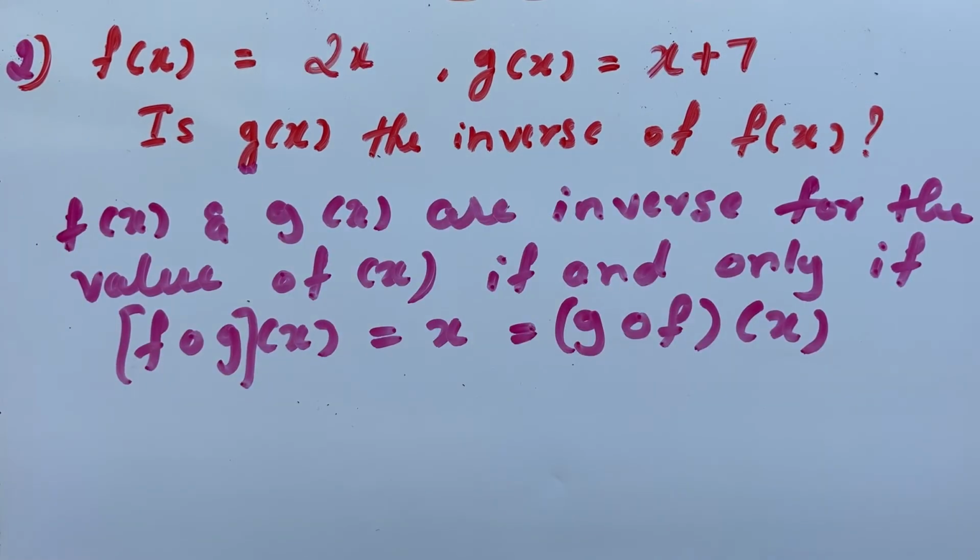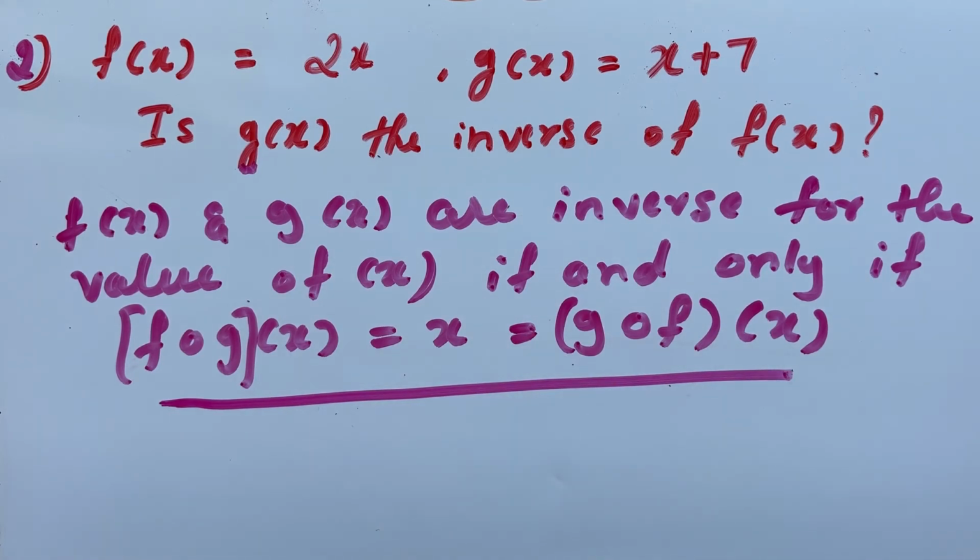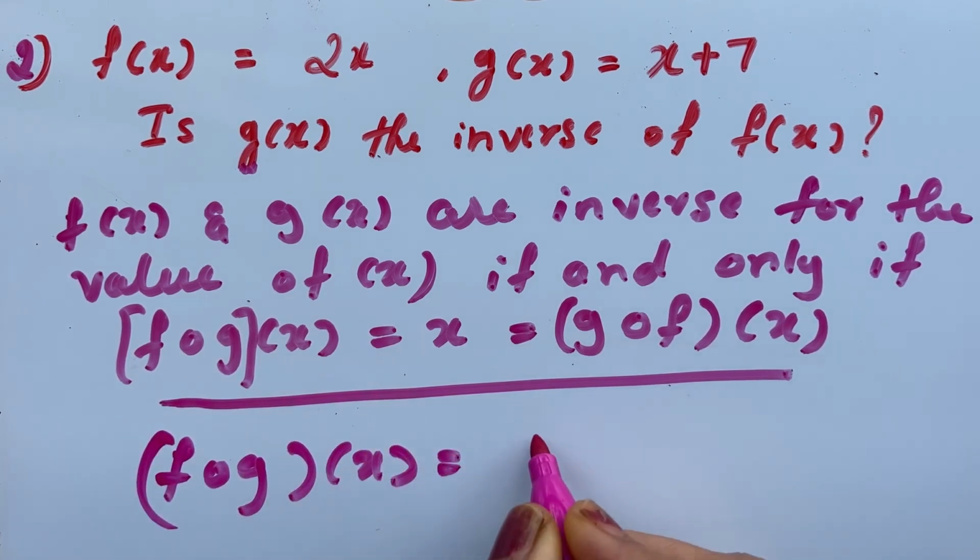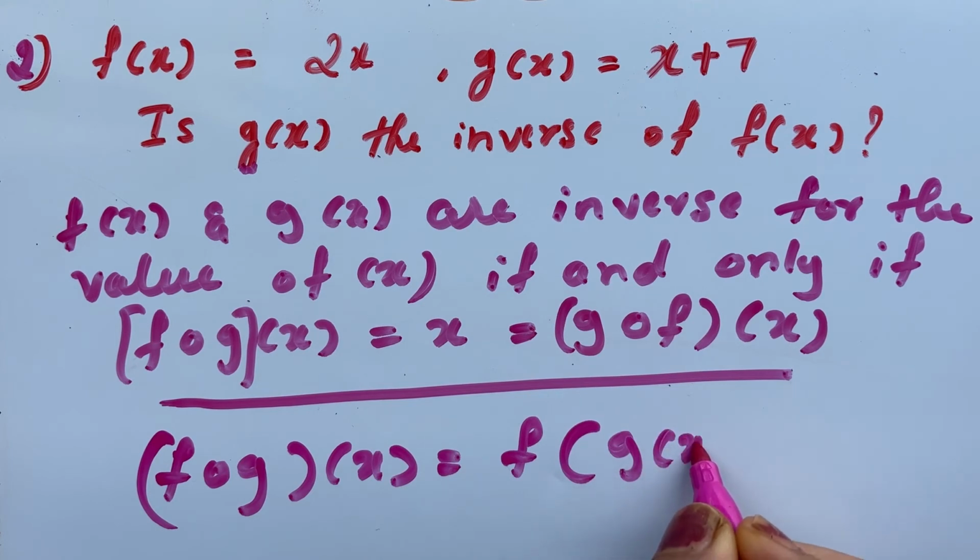Now question number 2. F of x is given as 2x and g of x is given as x plus 7. Is g of x the inverse of f of x? F of x and g of x are inverses if and only if f composition g of x and g composition f of x are both equal to x. Let's take first f composition g of x, which is equal to f of g of x.